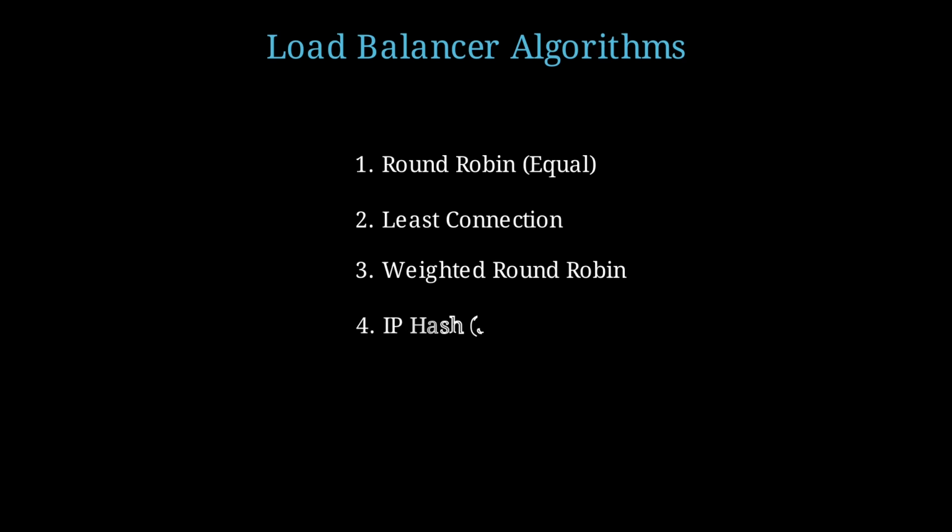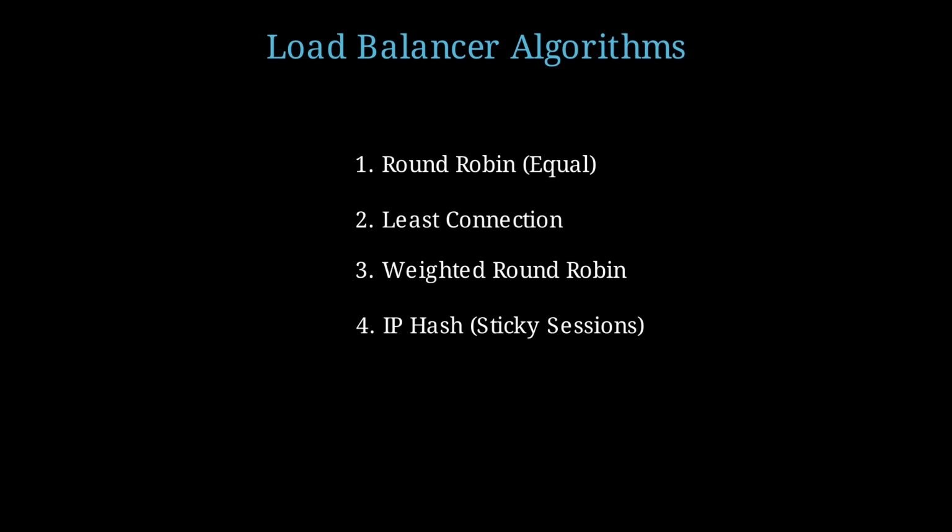Okay, and fourth one is IP hash. I already said that if you build a mechanism where user 1 is always routed to the same server, this is how it happens: IP hash. For example, user 1 has an IP address of 10.9.1.2 and user 2 has an IP address of 10.11.1.3.